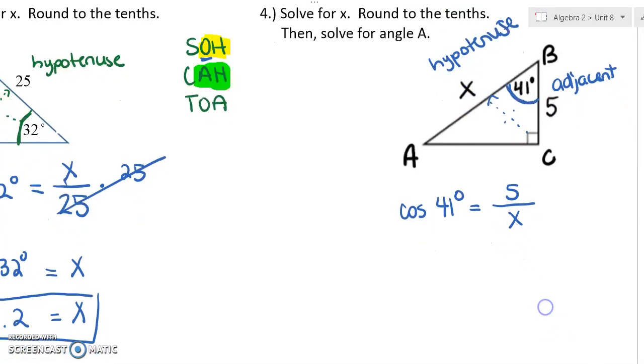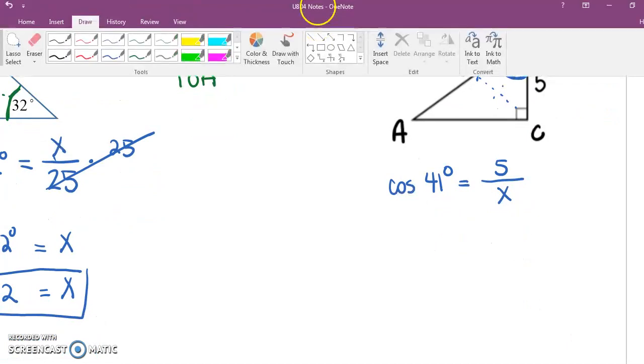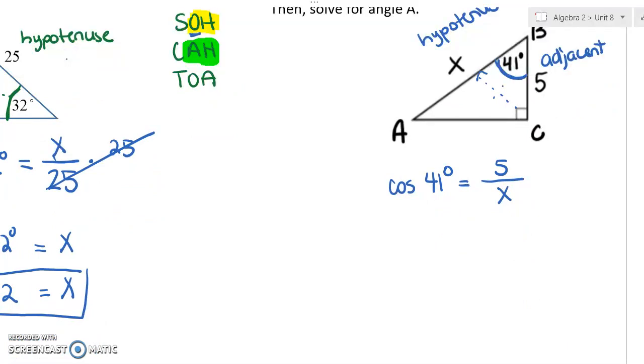Now, a lot of people will think, oh, I need to divide by 5 in order to get x alone, but the problem is x is in the denominator. So it's a two-step problem. We're going to multiply by x first on both sides. These x's cancel. We're left with x times cosine of 41 degrees equals 5.